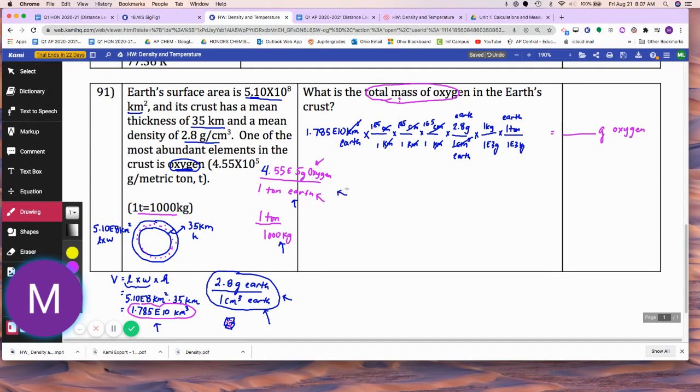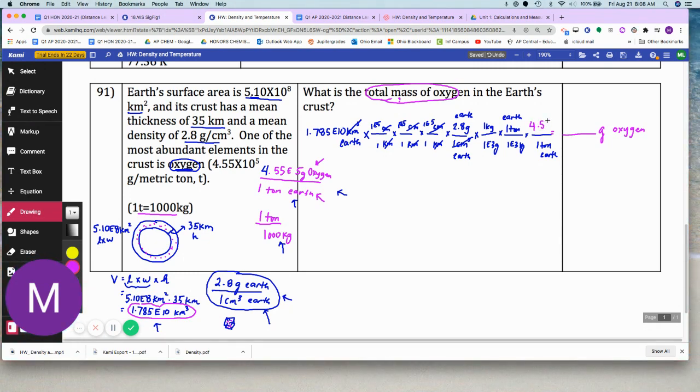And then over here, 1 ton of Earth has, let me change colors because now I'm going to oxygen, 4.55 E5 grams of oxygen.